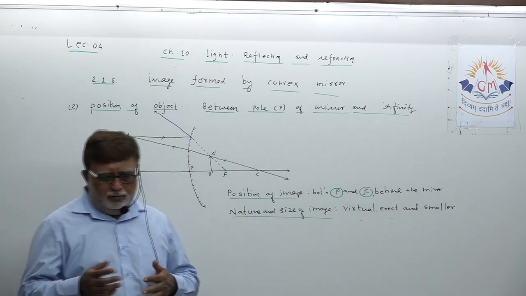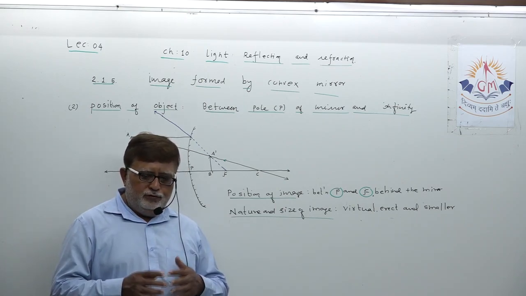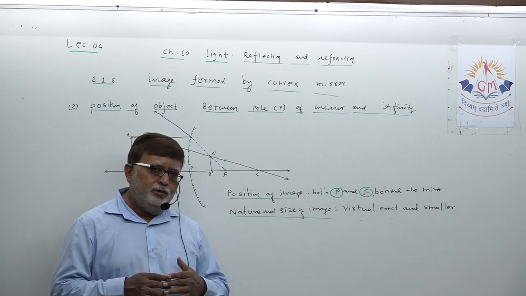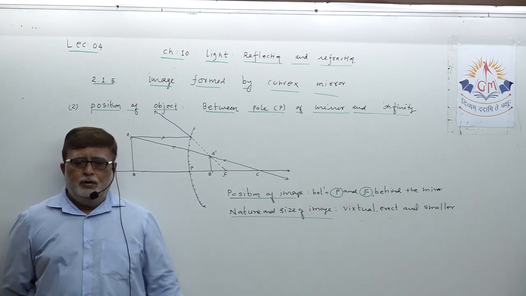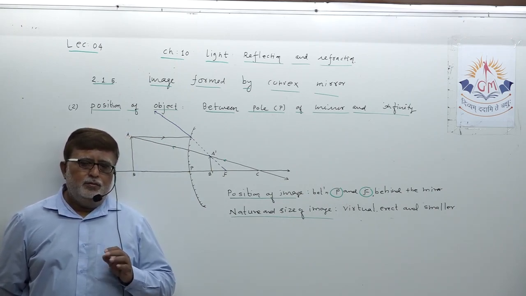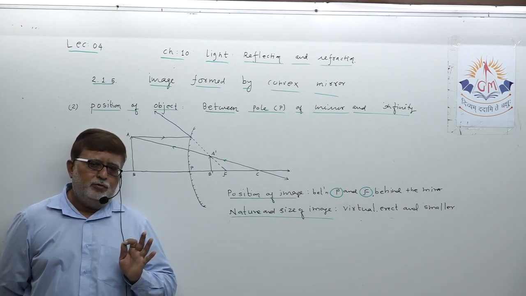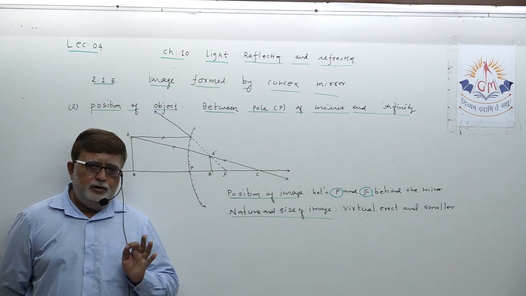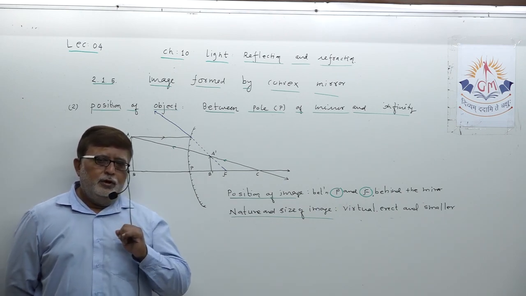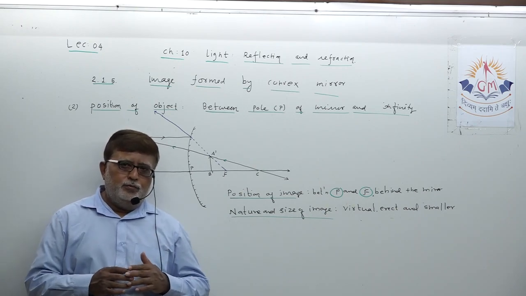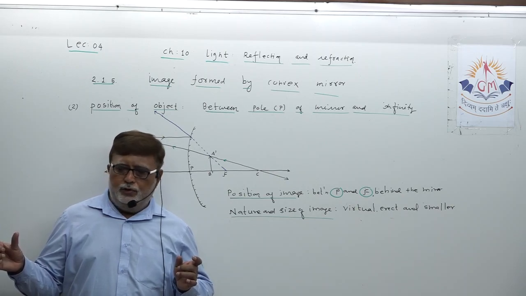Now remember one thing. If you have a glimpse of topic 2.1.6, the uses of convex mirror, you should remember that convex mirrors are most preferable to be used as rear side view mirror or driver mirror, as you have seen in most four-wheelers. In two-wheelers, the rear view mirror.